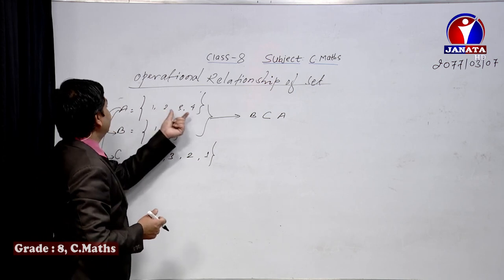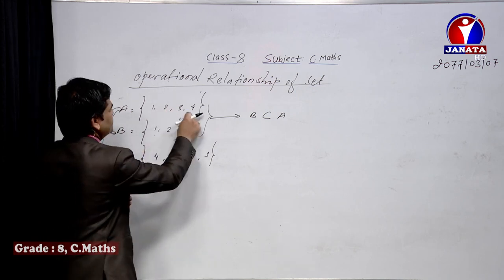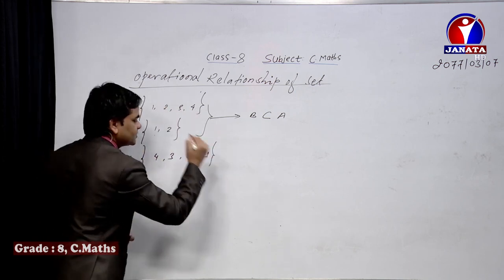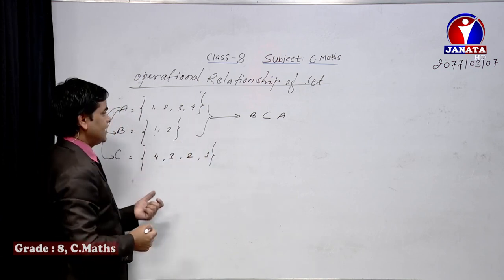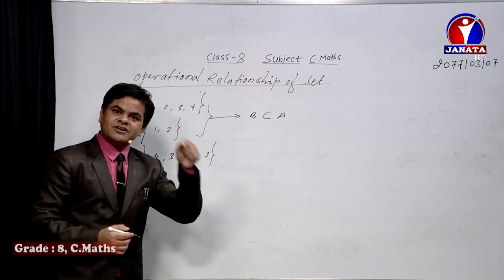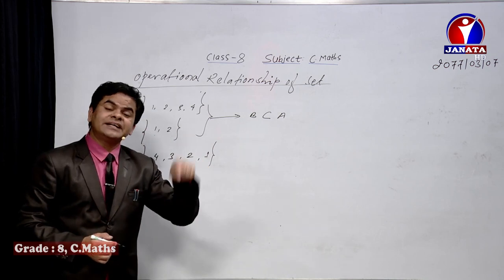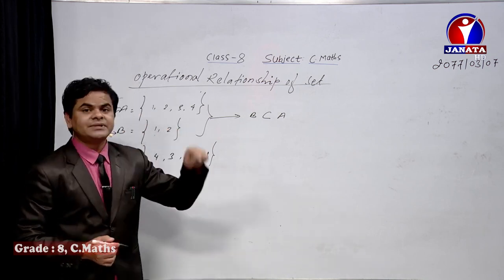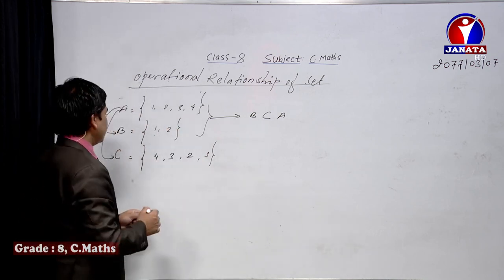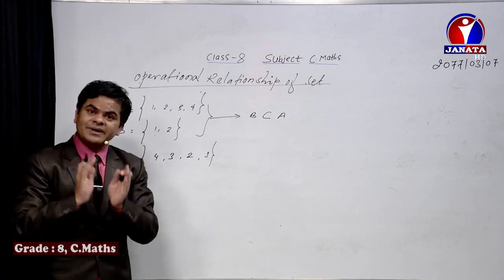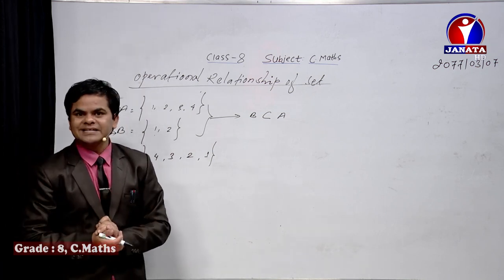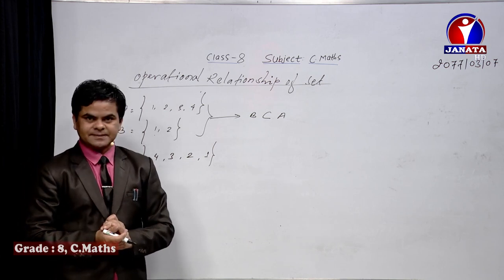If you count the elements 1, 2, 3, 4, here also 1, 2, 3, 4, there are 4 elements. If the elements are the same, and cardinally also, while counting, they are equal, at that time they have a relation.